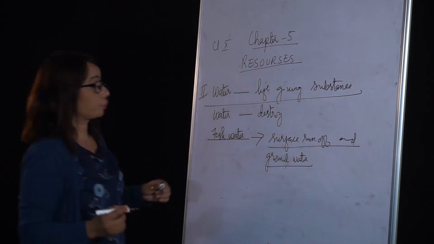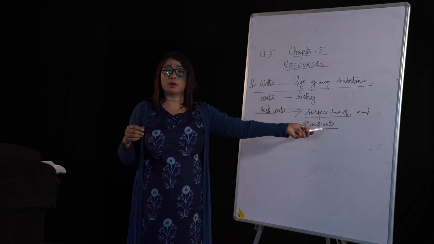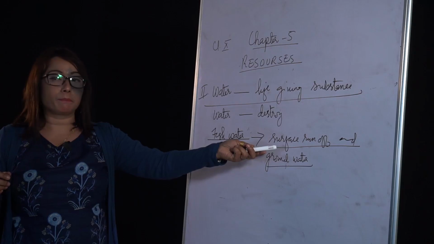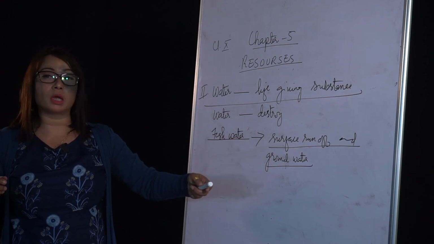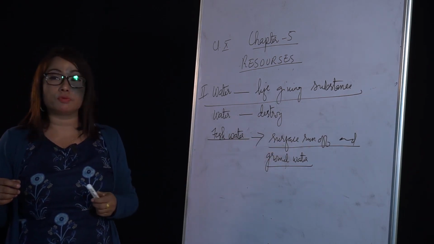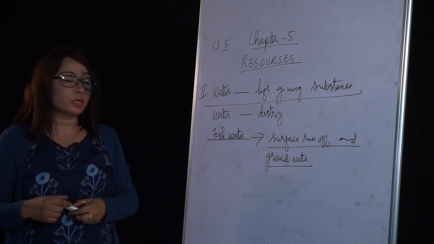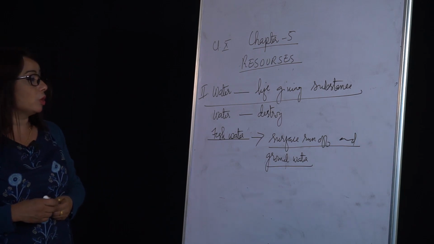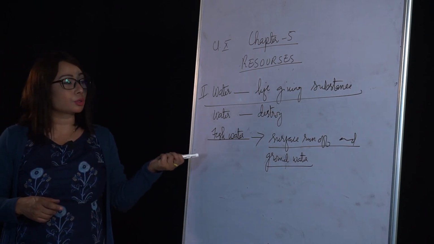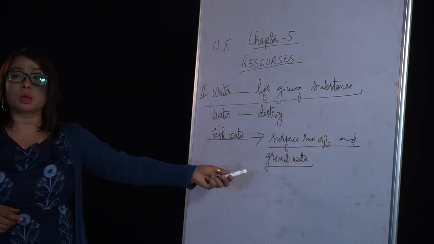Surface runoff means the water that we get from rain and snow melt that flows over the surface of the earth. That's why it is called surface runoff. And the groundwater is also known as underground water. So fresh water is obtained from surface runoff and groundwater.